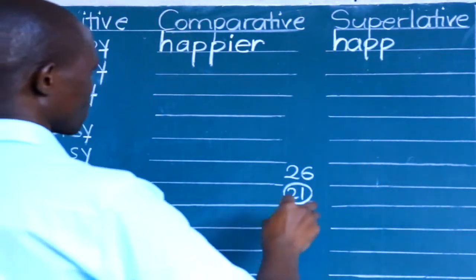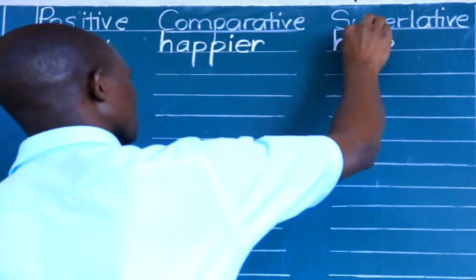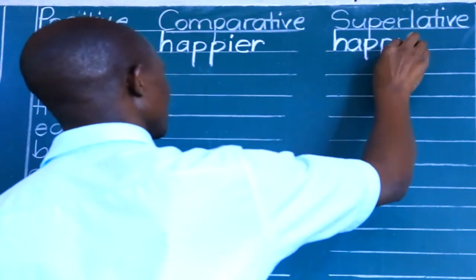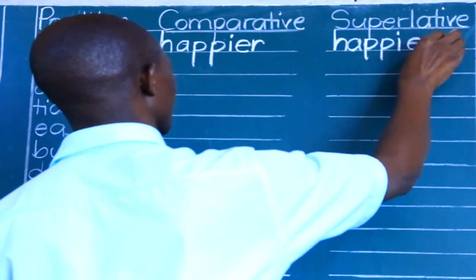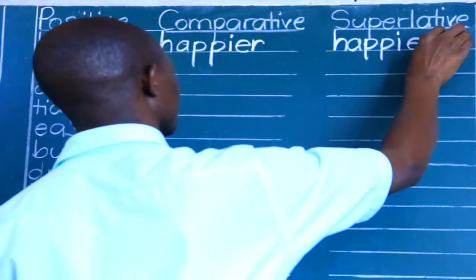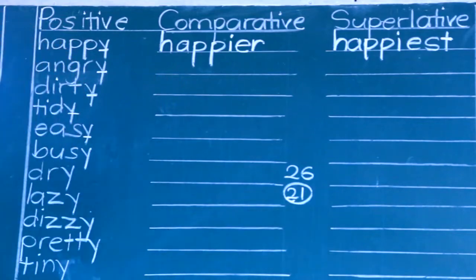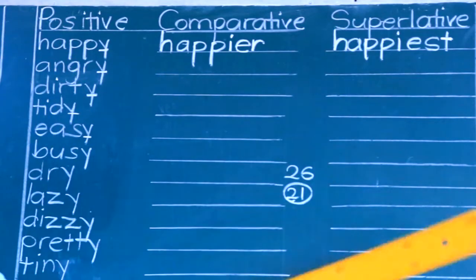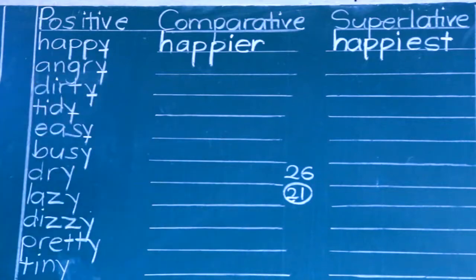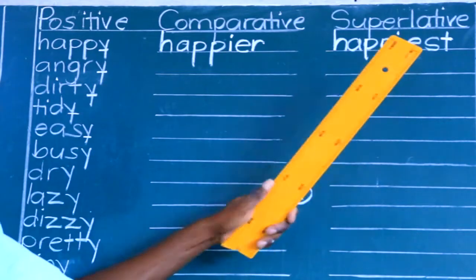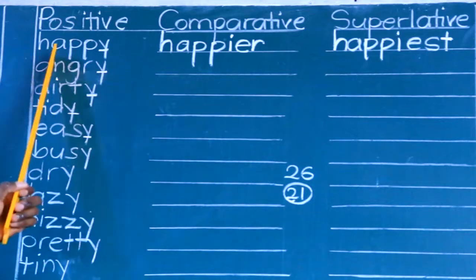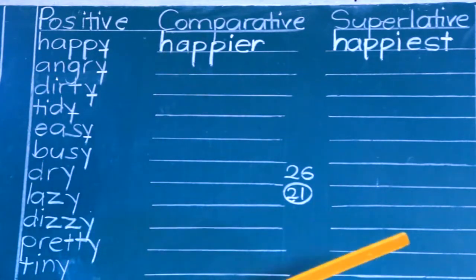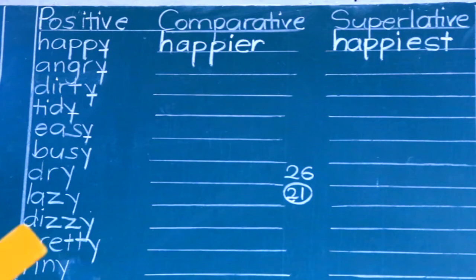Remove the last letter, but you're going to replace it with a substitute, and that is I, E, S, and T. So finally, you have a new word, and that new word is the superlative degree of happy. Which word is that? Happiest. So happy changes to happier and happiest in the comparative and the superlative respectively. We have angry, try it, following exactly the same rule.